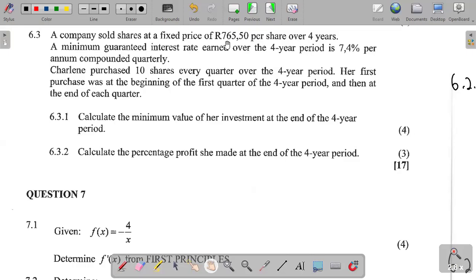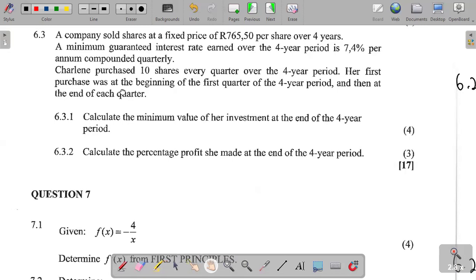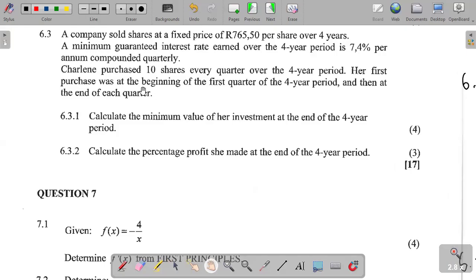A minimum guaranteed interest rate over the 4-year period is 7.4% per annum compounded quarterly. Charlene purchased 10 shares every quarter over the 4-year period. So her first purchase was at the beginning of the first quarter, and then at the end of each quarter. This is important information here.